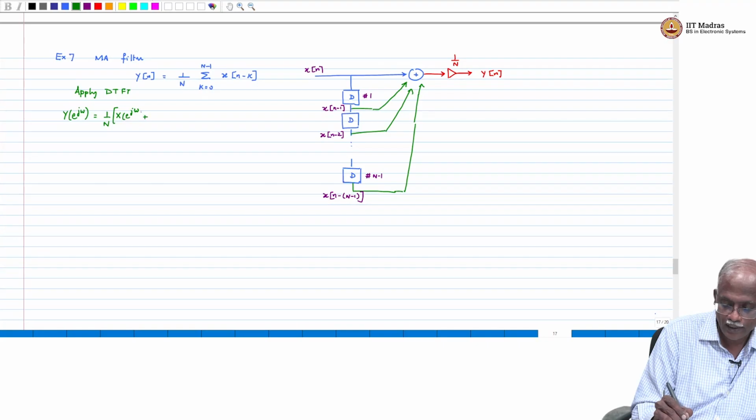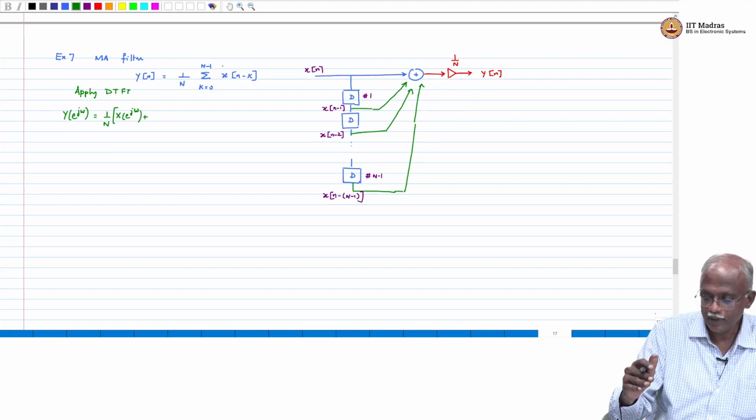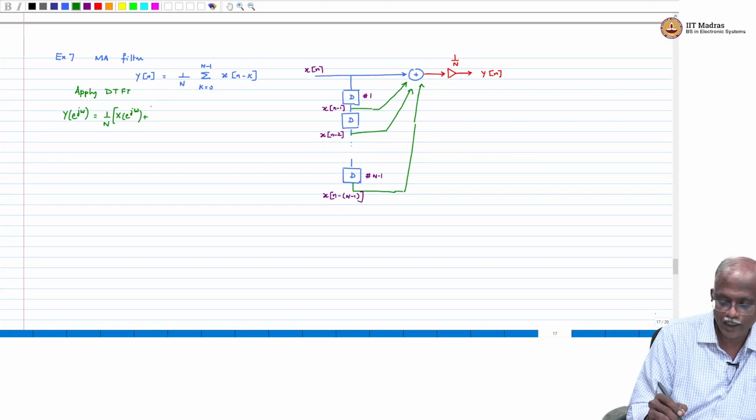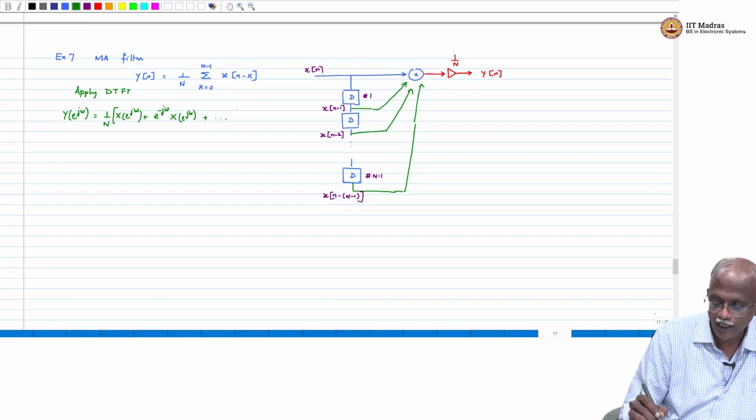The second term is the discrete time Fourier transform of x of n minus 1. So, you get e power minus j omega X e power j omega, and similarly all the way to the last term, which gives you e power minus j omega (N minus 1) into X e power j omega.